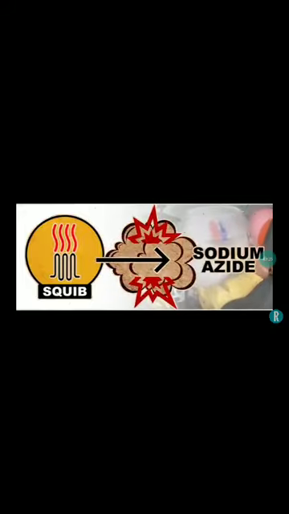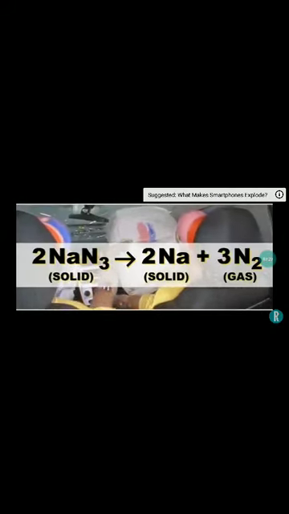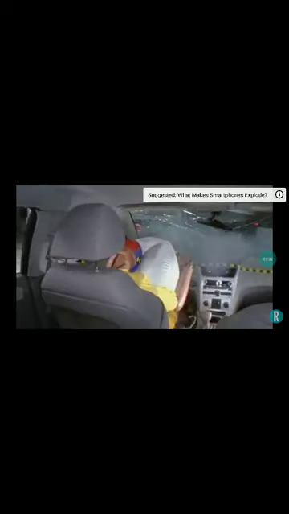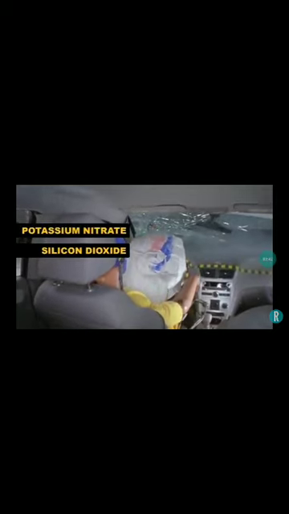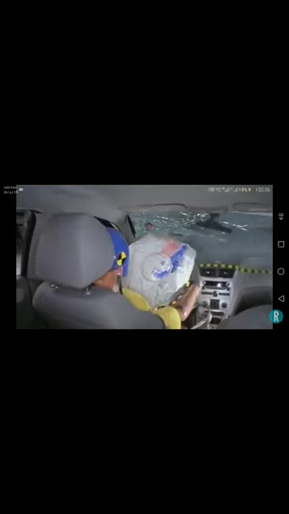Sodium azide, NaN3, decomposes by the effect of an electric spark to give nitrogen gas in this way. So it explodes, and it avoids accidents in modern cars. This is the function of the airbag. It's very important in modern cars, as you can see here. Okay, this is the importance of it.